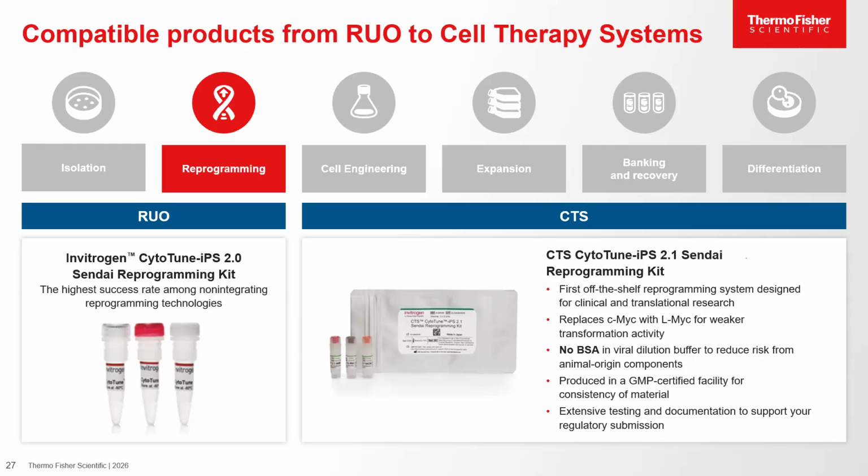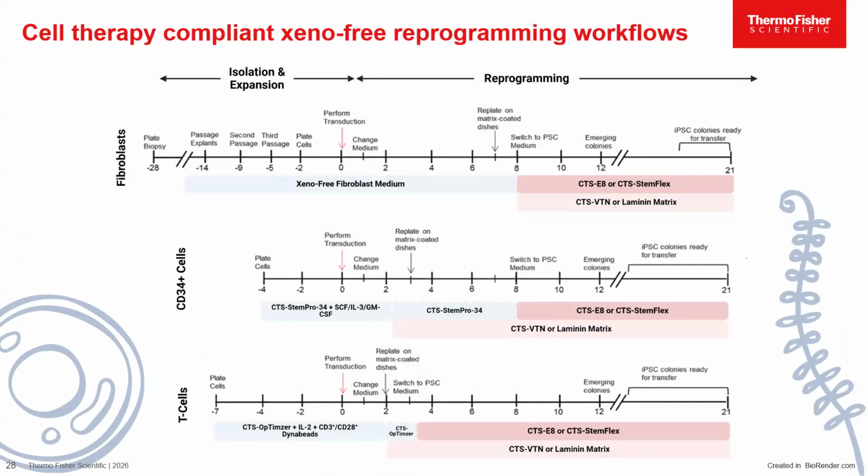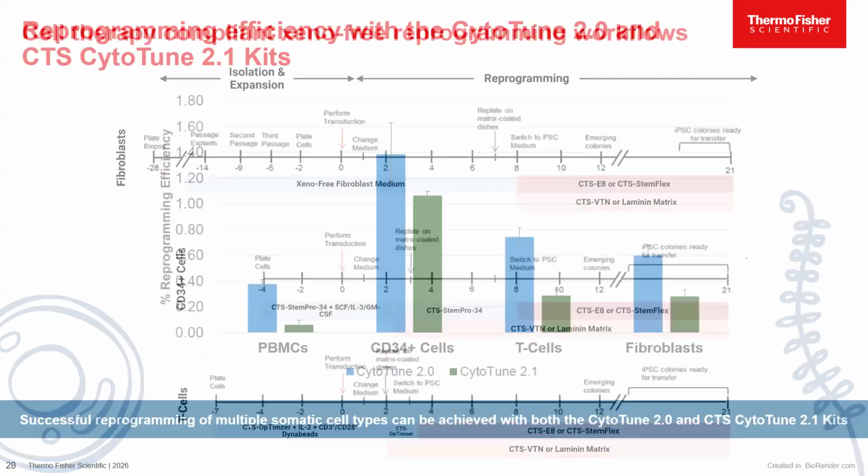So just a quick call out there. But very similarly to the research use version of the CytoTune kit or the Sendai kit, you can reprogram a whole bunch of different cell types with this cell therapy version of the kit.